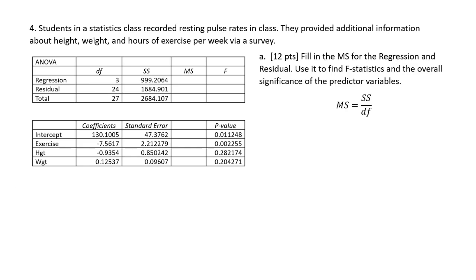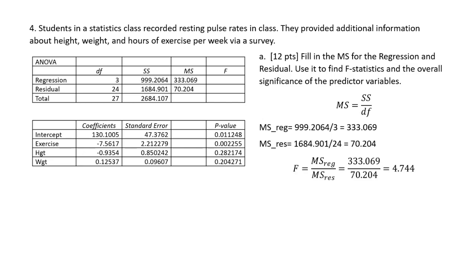Okay. So what I did was I plugged these into the calculator and I got these values. I can now use these to populate these two places. Yeah, and you don't need the MS for the total, okay? Although you could. You just need these two. And then I need to find the F distribution, F statistics.